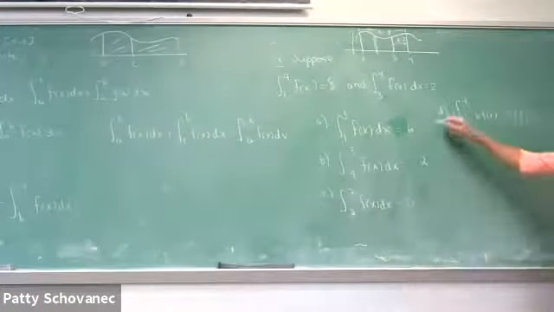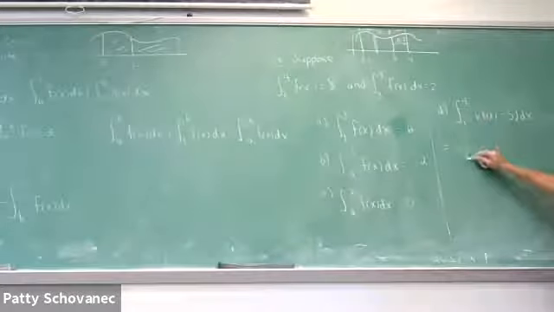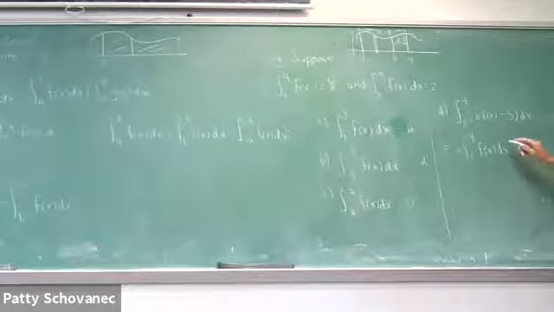Think of that as 6 times the integral from 1 to 4 of f of x dx, minus the integral from 1 to 4 of 5 dx.